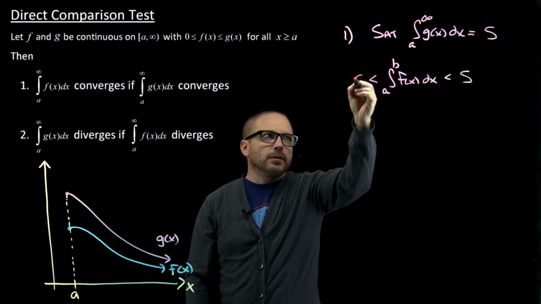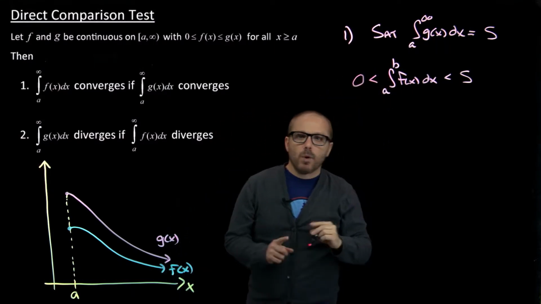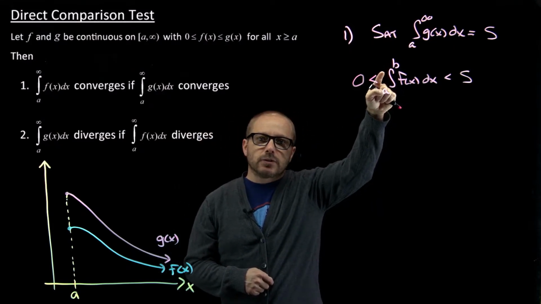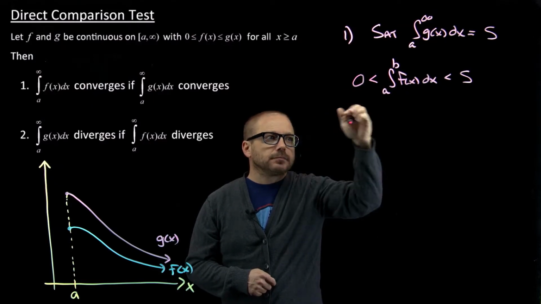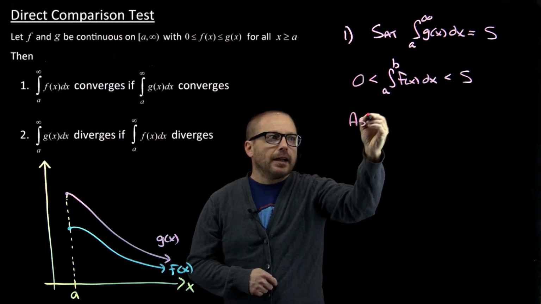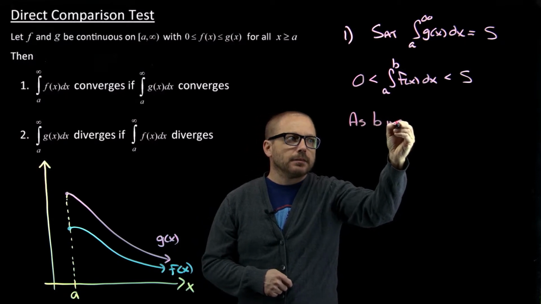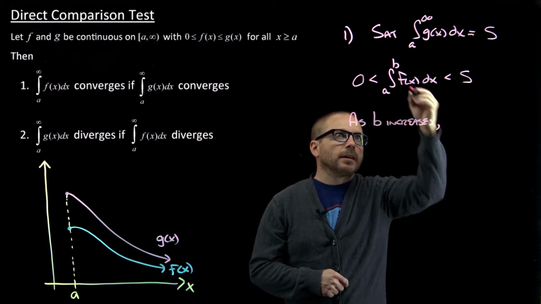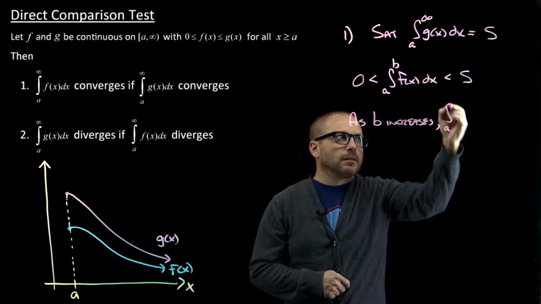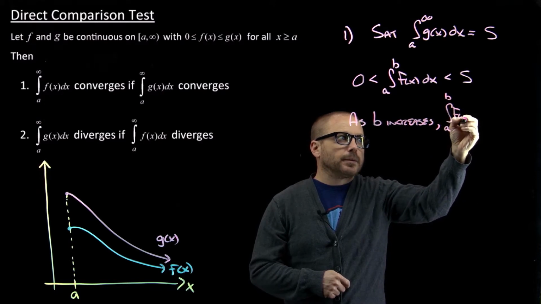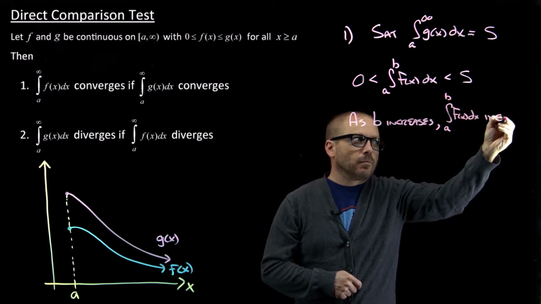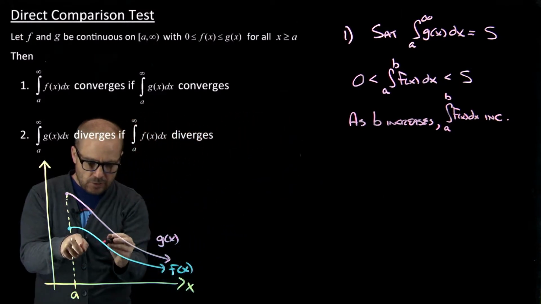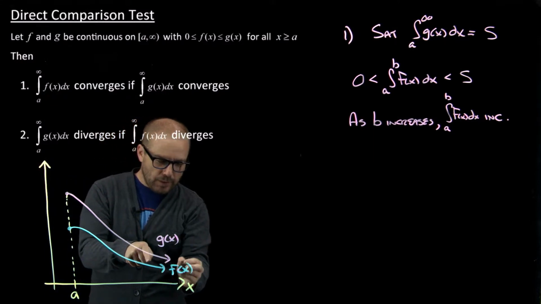Because f is positive, I know this is positive. But more important is I know what happens as b gets larger and larger. As b increases, that integral increases. Think about it: the area under f is just growing as I keep moving b out farther and farther.